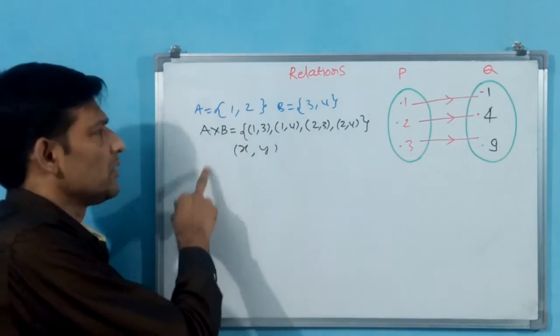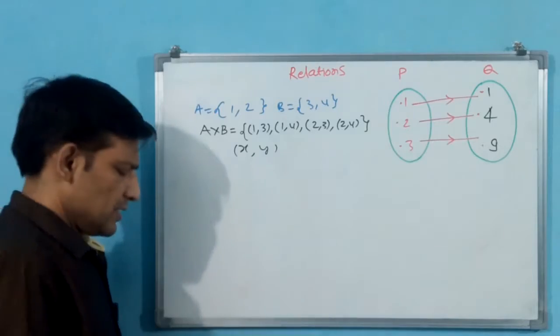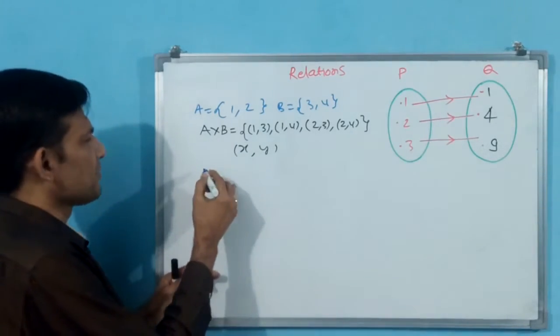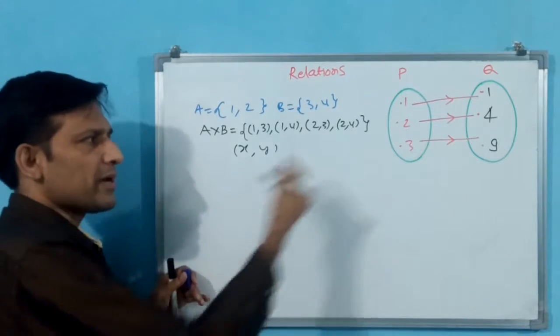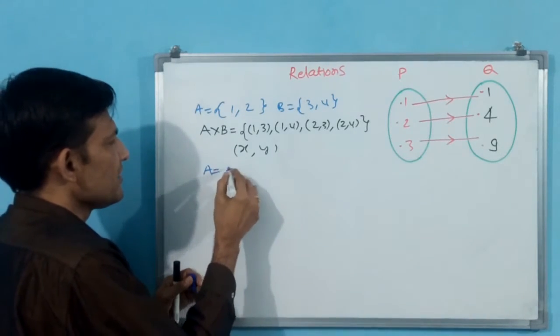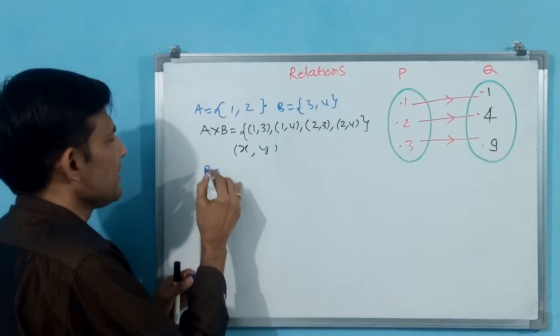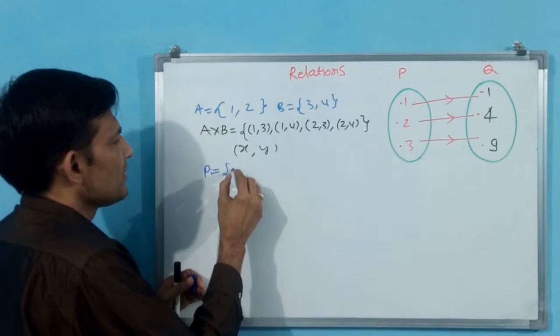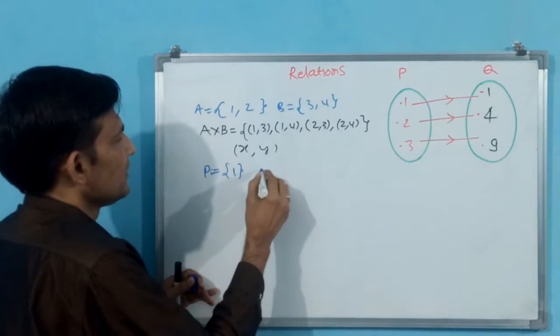The empty set will come, the full set will come. I am writing subsets not for 4 elements but for 2 elements, for understanding this concept. You see, rather than A, I write P. P is equal to {1}.